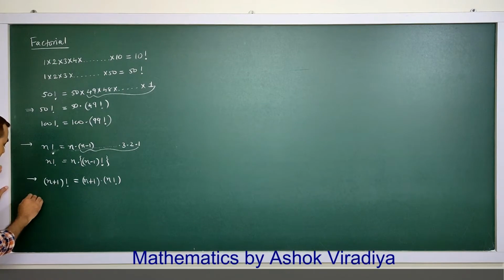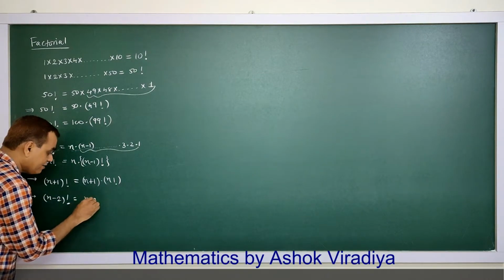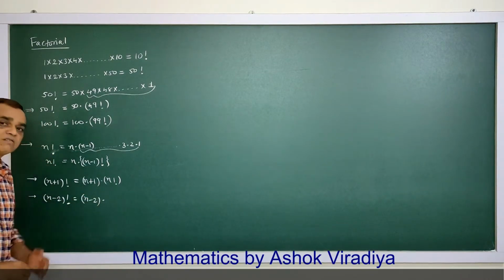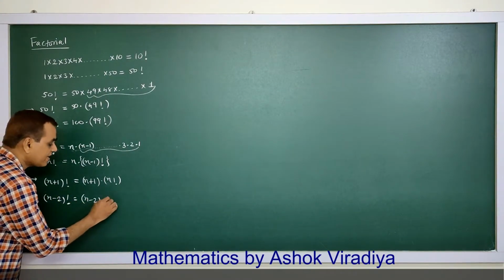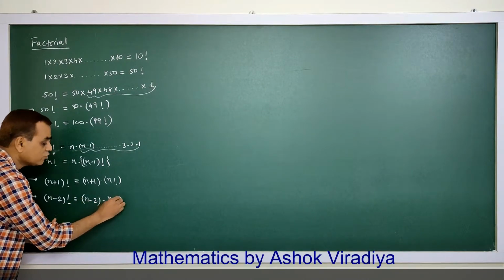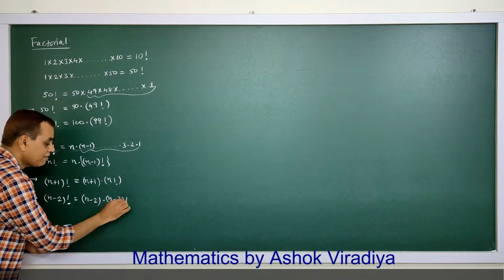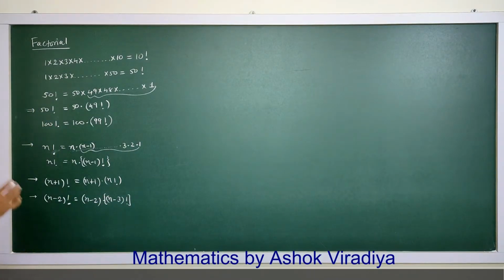If we want to express the statement for n minus 2 factorial, so n minus 2 factorial is n minus 2 into, one step back, that is decrease 1 from this number, so n minus 3 factorial. So this is about factorial.